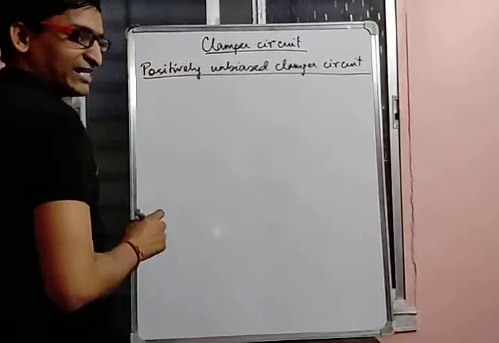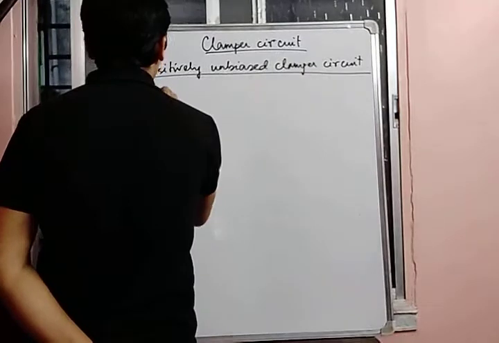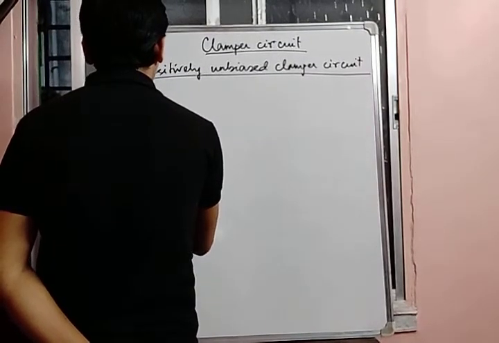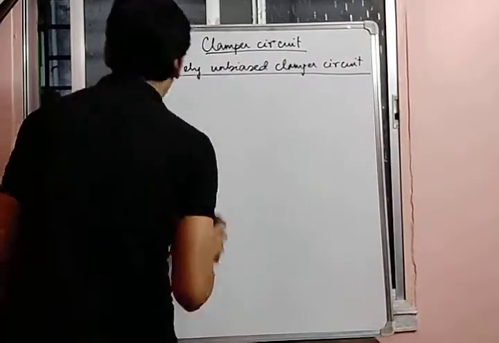Positively unbiased clamper circuit looks somewhat like this.